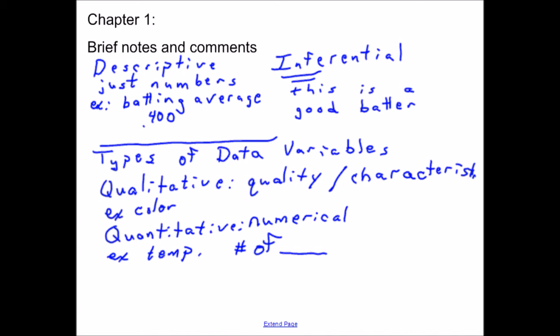Just because something has numbers does not make it quantitative. For example, a social security number. That's qualitative.